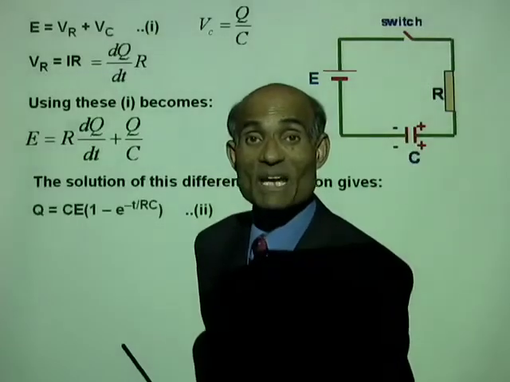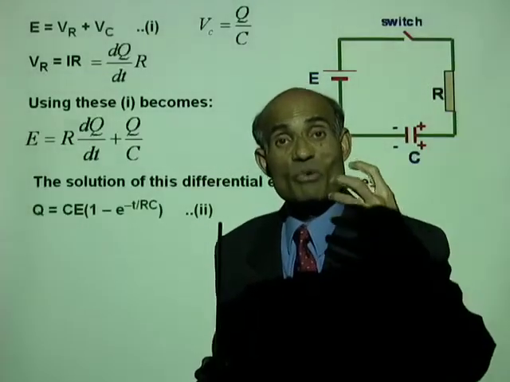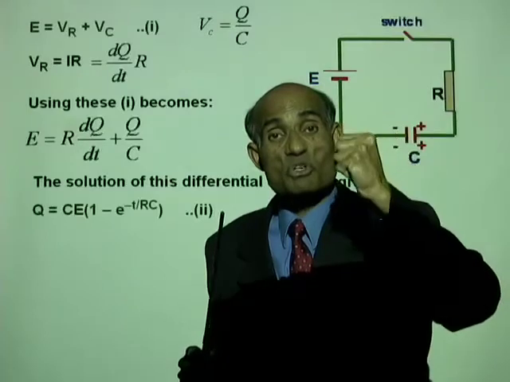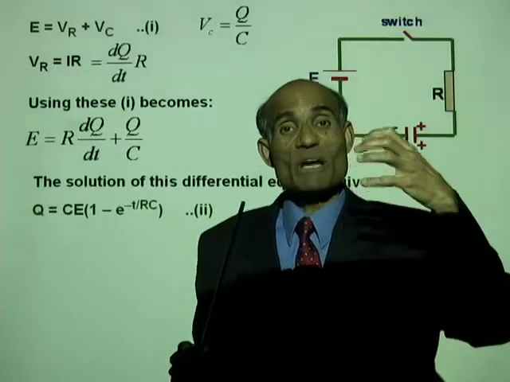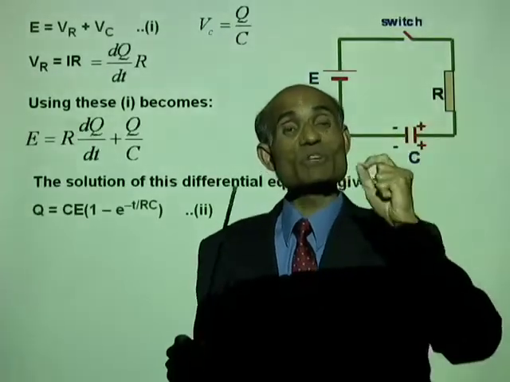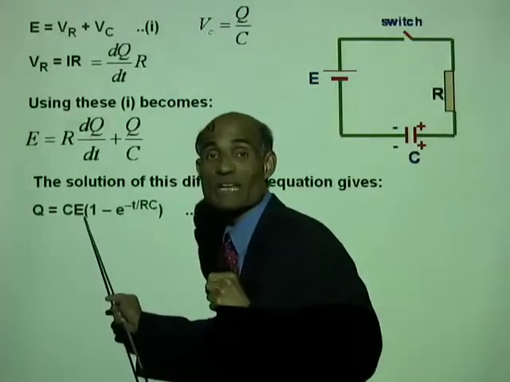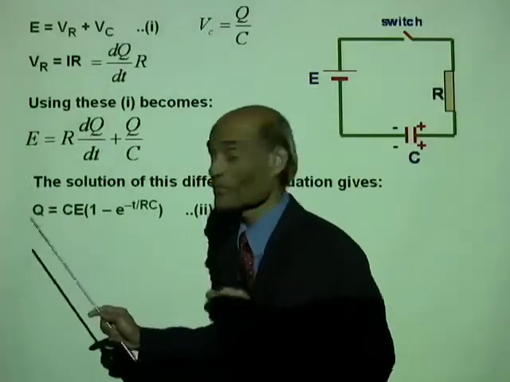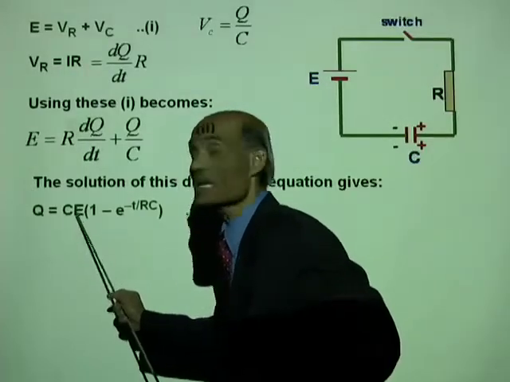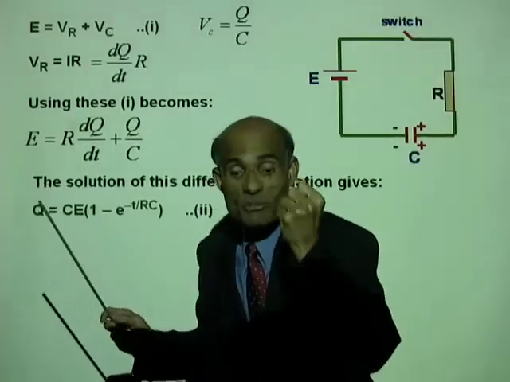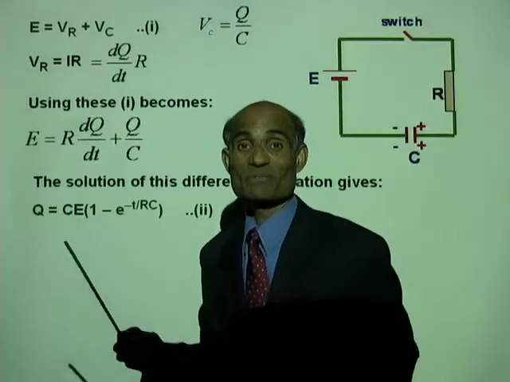If you charge a capacitor, Q equals CV. Here E stands for the EMF, which is the potential difference. So C times E is the maximum amount of charge on the capacitor plates.